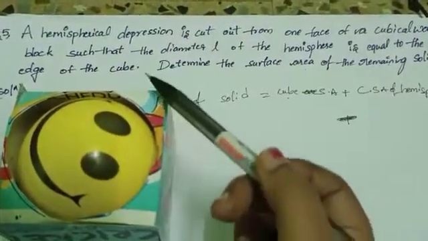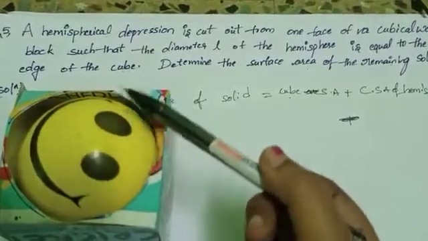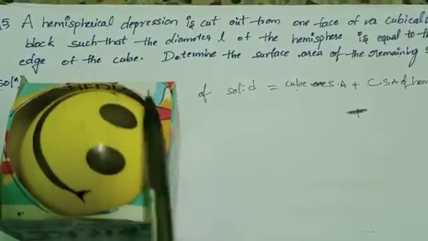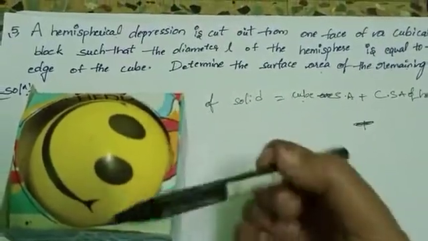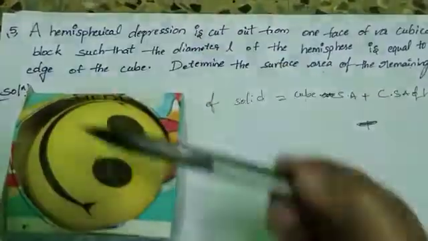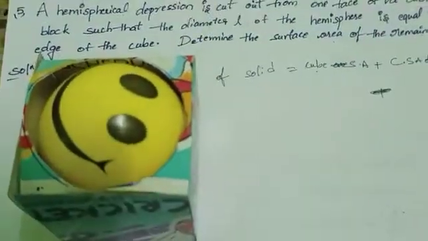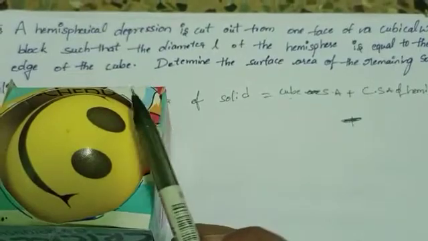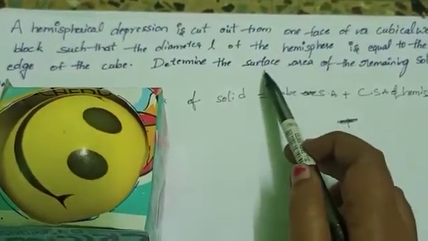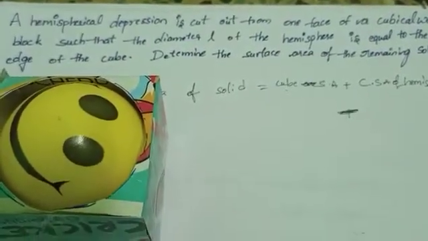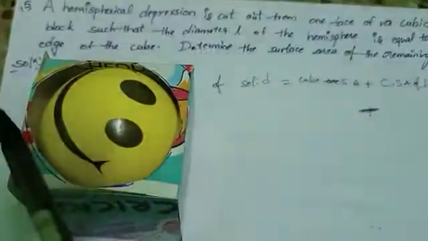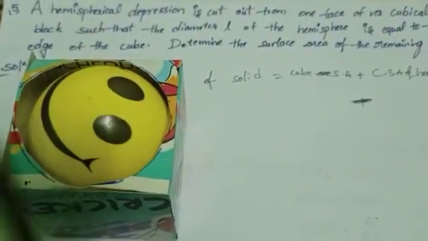But here the top surface of the cube is already included. Here there is no top surface, only small portions, these portions. Here we want the remaining solid's surface area. It means the area occupied by the surface of the object. How many faces? 5 faces are occupied, and these small portions occupy the region.